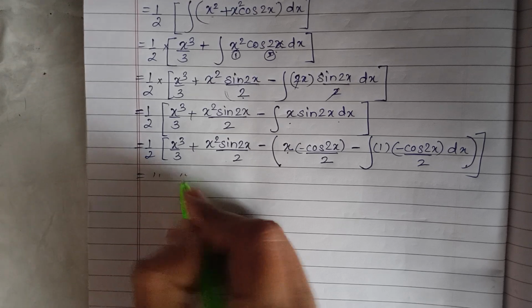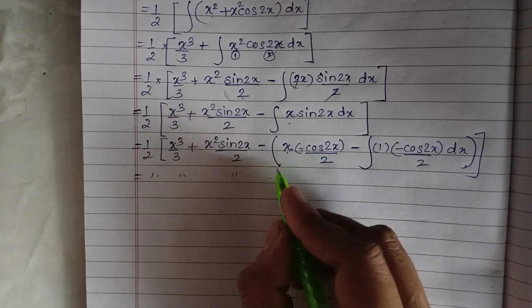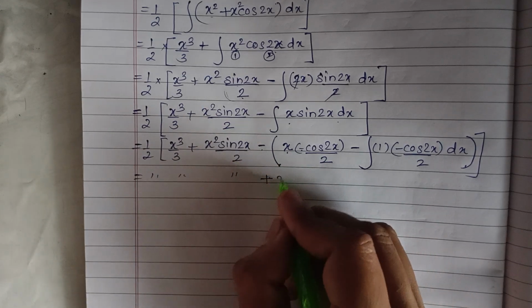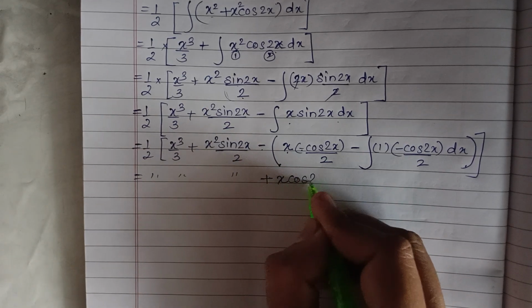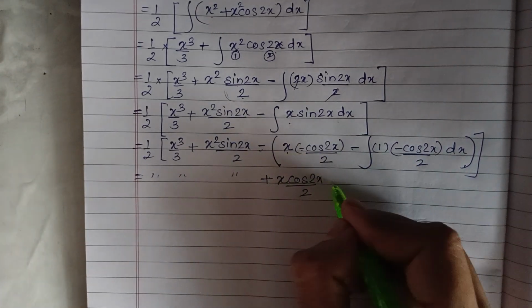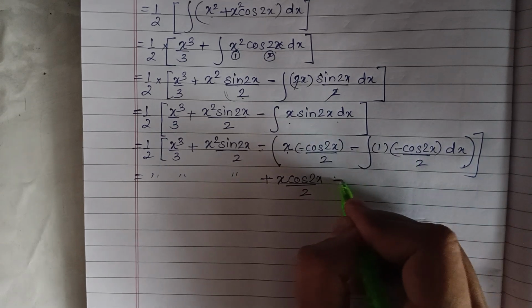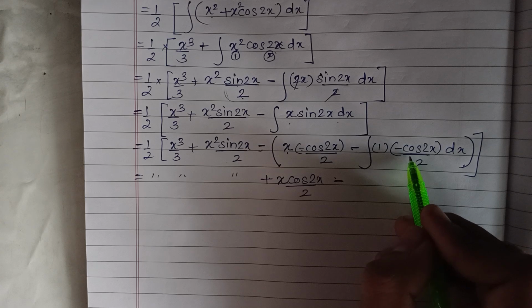These things remain same. I'll write from here, minus into minus plus cos 2x upon 2. Then minus into minus plus, and this minus is there, so minus half.